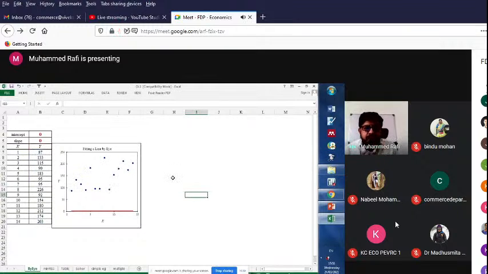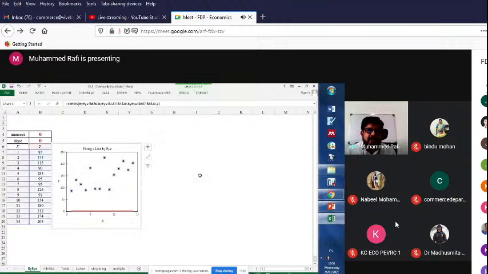From this scatter plot, you know that this is upward sloping, which tells you that there is a positive relationship. You can see that when x is increasing, y is also increasing. So on an average, you get a positive relationship, right?